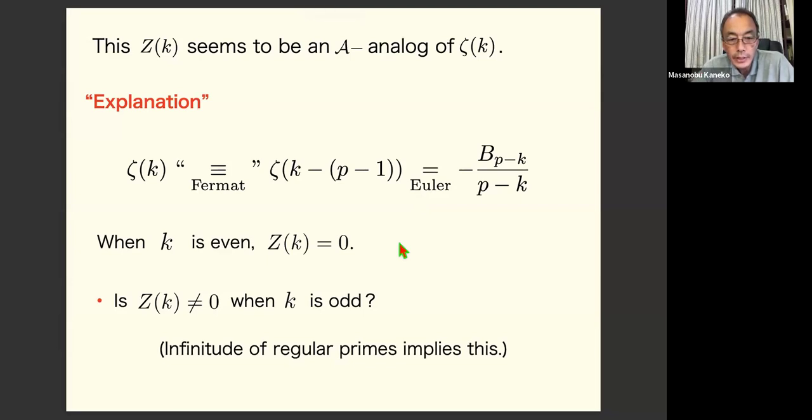And this is implied by an infinitude of regular primes. But we do not know yet if there are infinitely many regular primes or not. It's conjectured to be so, but it's not yet proved. Anyway, we will come to this question later.